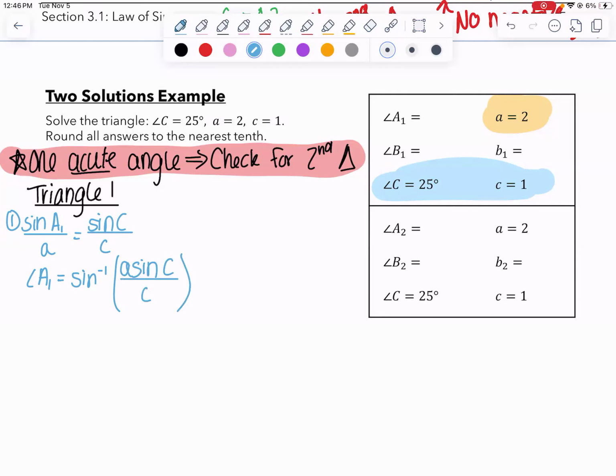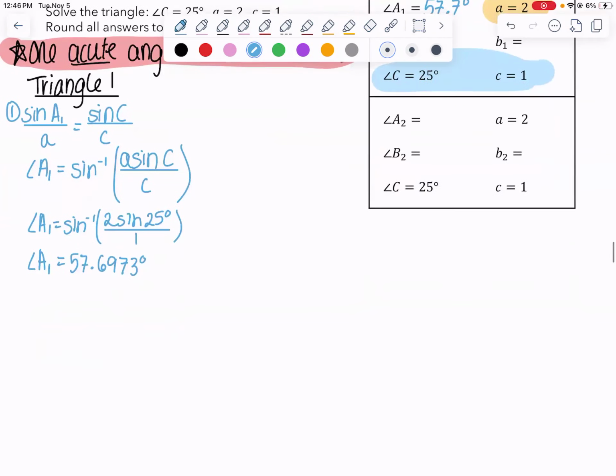This would be what it is before I plug my numbers in. Angle A1 is sine inverse of baby A is 2, angle C is 25 degrees, baby C is 1. Plugging this into your calculator should result in 57.6973 degrees, of which your answer, of course, is 57.7 degrees, but you keep all 4 digits there.